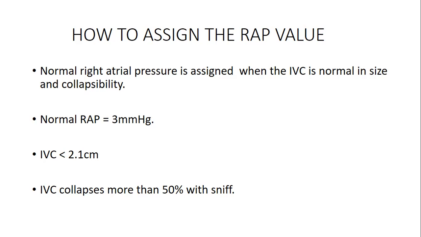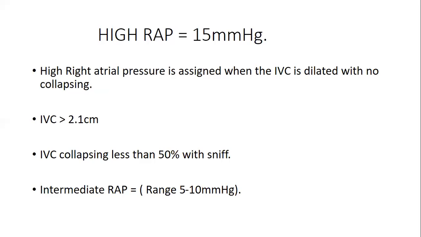Normal is considered to be normal when the right atrial pressure is within 3 millimeter mercury. And when the IVC is less than 2.1 centimeters or 21 millimeters, then the pressure within the right atrium is considered normal. If the IVC collapses more than 50% with sniff, this is also considered normal, you have normal pressure within the right atrium.